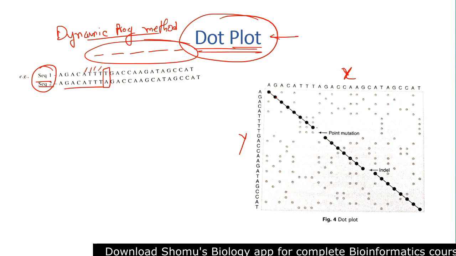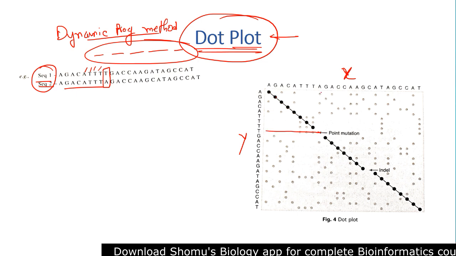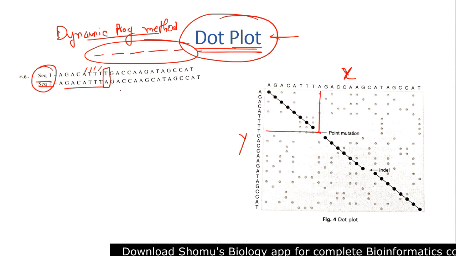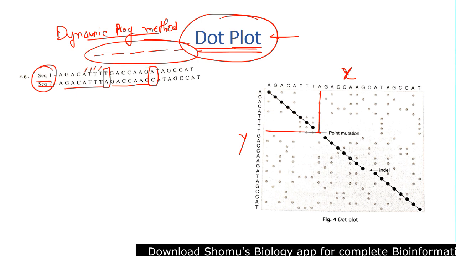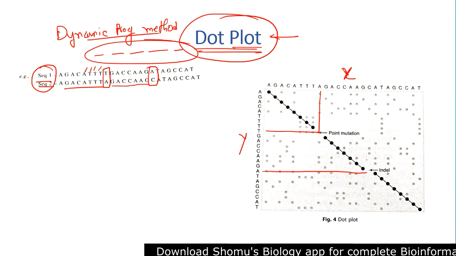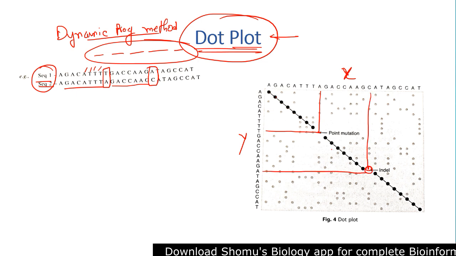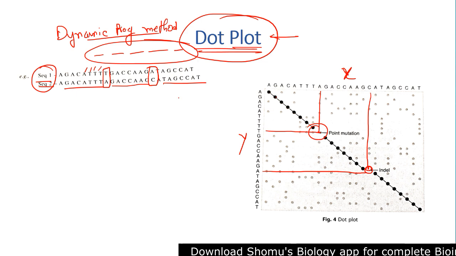There is only one gap here between this T and this A, a dissimilarity, so there is no dot there. Then again there is a run of similarity, then there is another gap at A and C, in this area. Apart from these two locations, the rest of the sequence is similar.